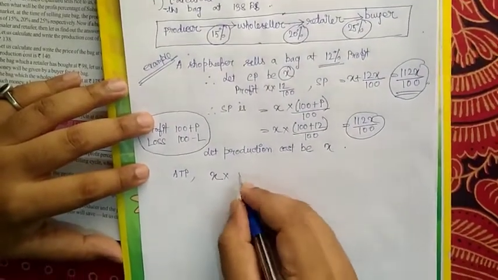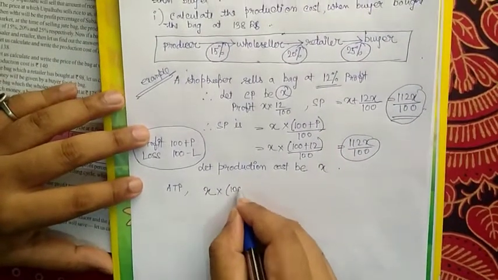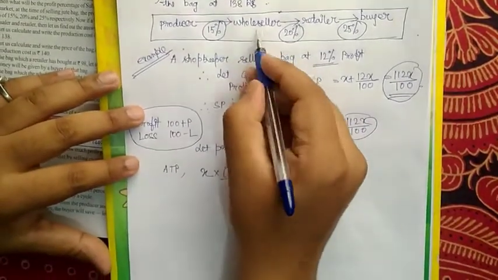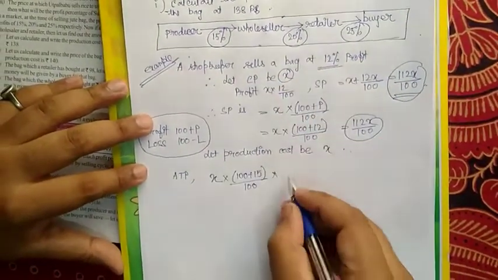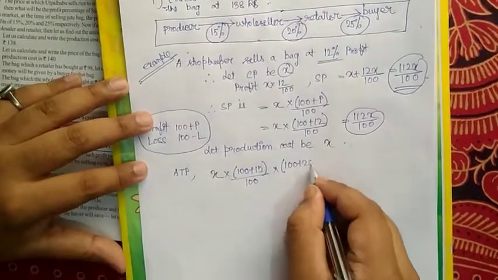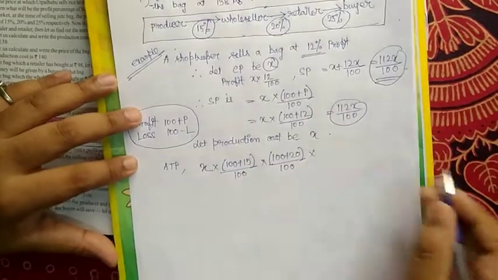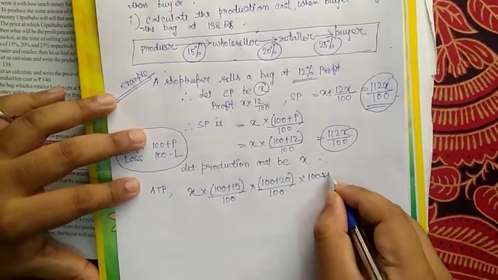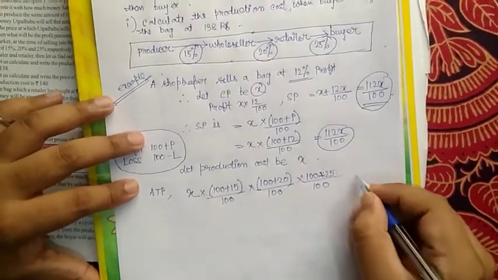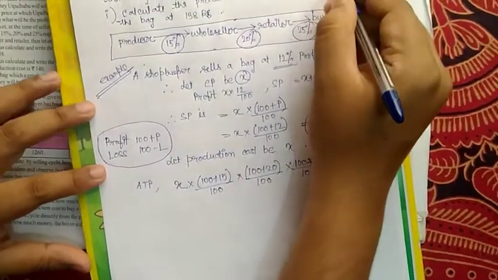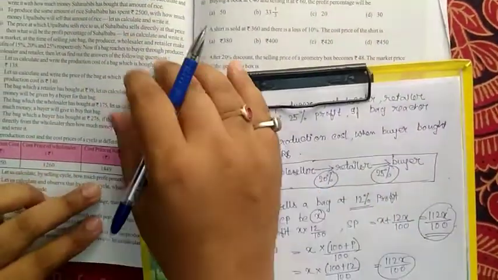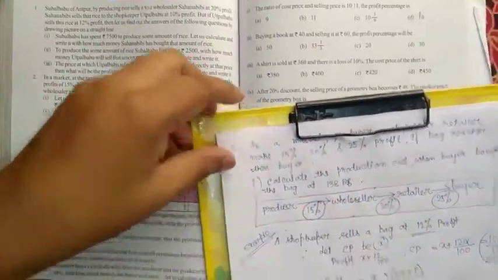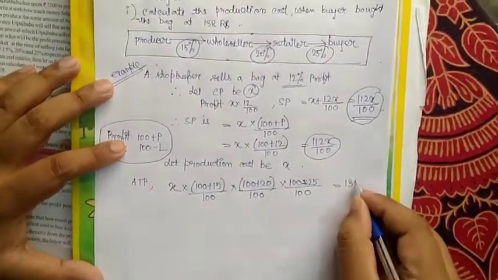So here the SP should be 100 plus 15 by 100 into, from wholesaler to retailer profit is 20%, so 100 plus 20 by 100 into, buyer is 25%, so 100 plus 25 by 100 equal to the bag bought at rupees 138. Calculate the production cost when the buyer bought the bag at 138 rupees. So this should be equal to 138. We have to find the x.